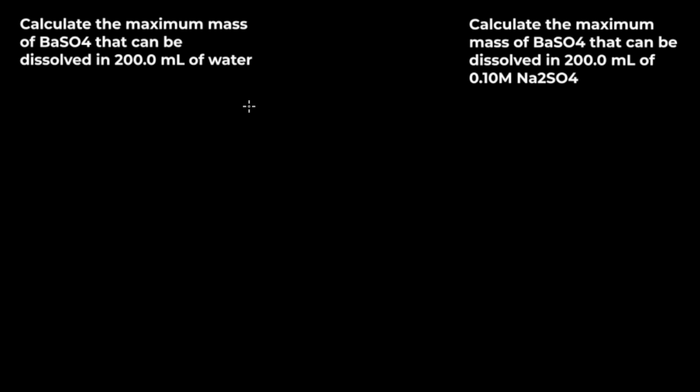And if it's ever asking you without forming precipitate, or maximum mass, or maximum anything, really what it means is it's just asking you what it is at KSP. Because remember, anything greater than KSP is going to be precipitate, and anything lower than KSP is going to have no precipitate. So KSP is right in the middle.